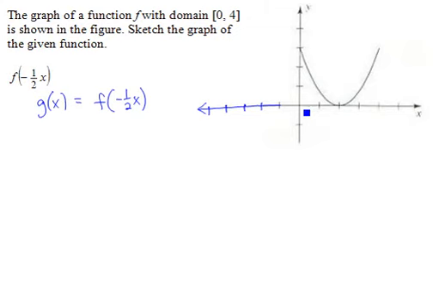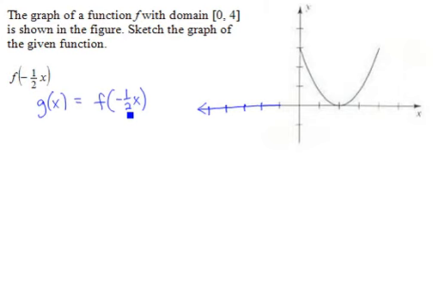That's because, again, if we have positive x values that we input into g, those are going to be multiplied by a negative, and they're going to turn into negative values to be fed into the f function. And likewise, if we had negative values to feed into g, then those values would turn into positive inputs into f.